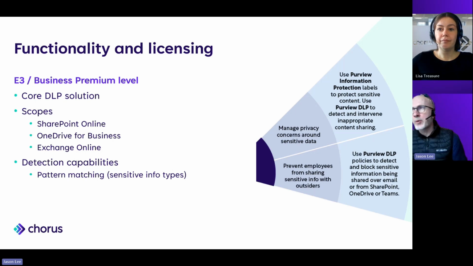So if you're storing files in Teams, for example, or in Viva Engage, they're actually sat in SharePoint Online behind the scenes, so this will protect your data there. And in terms of the detection capabilities, we've got the basic pattern matching approach available to us.